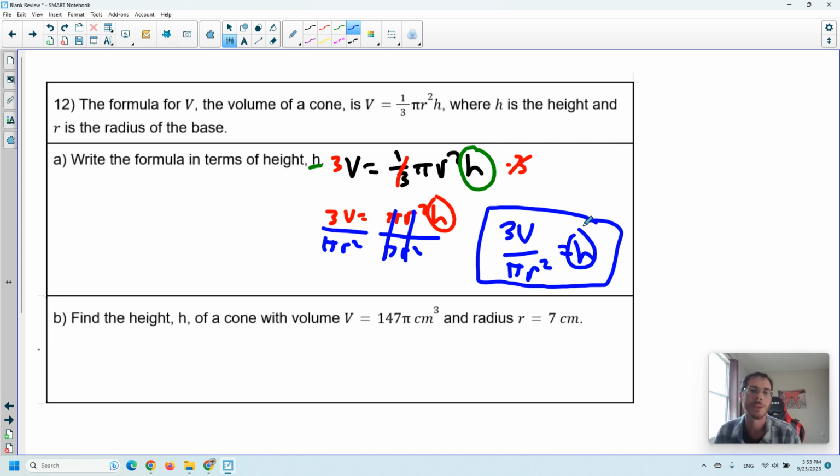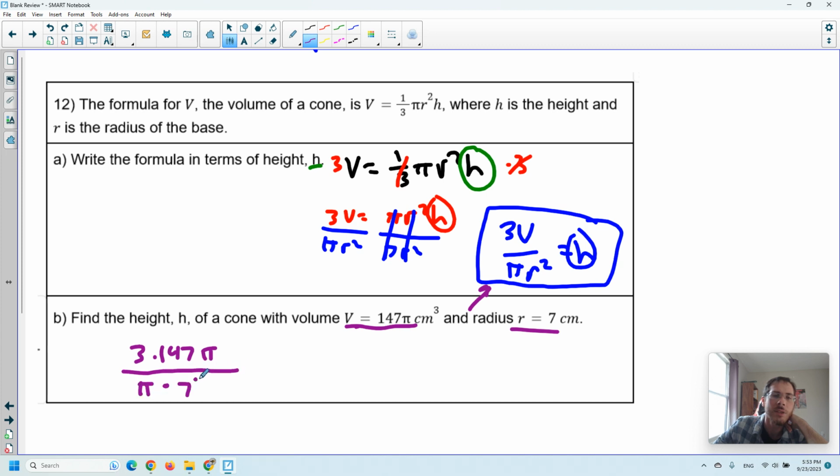Those ones are fast. On part B, we actually have some numbers to plug in. So it says find the height when the volume is 147 pi centimeters cubed. Radius is 7. So what we're going to do is plug these into the expression that we got up here. So it's going to be 3 times 147 pi over pi times 7 squared.